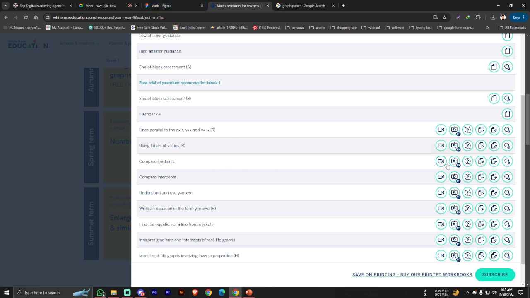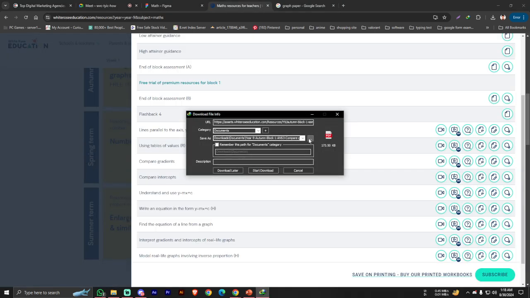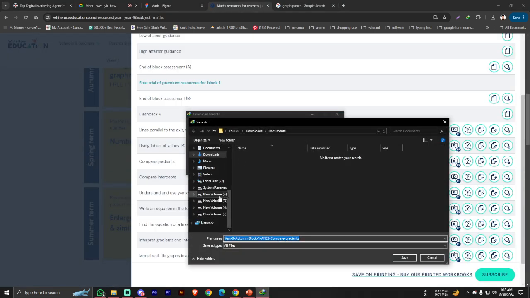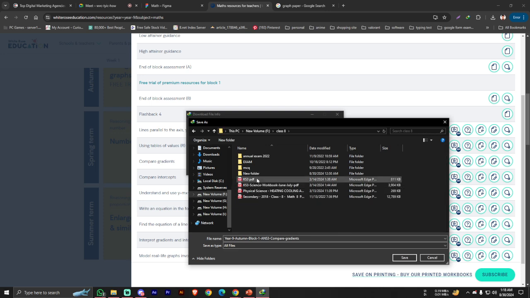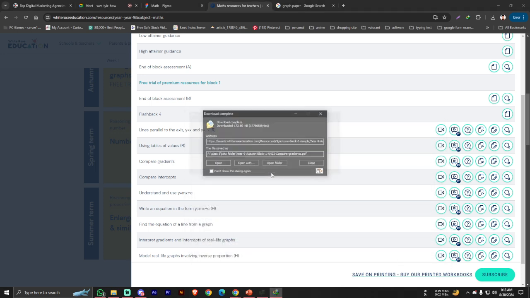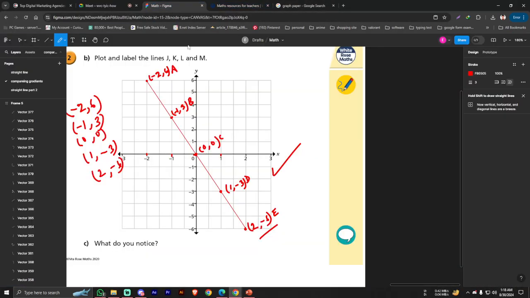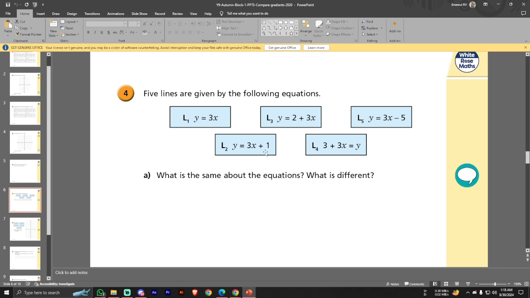Can you answer? Where, sir? Here, in the slide. This is the question. The five lines are given by the following equations.